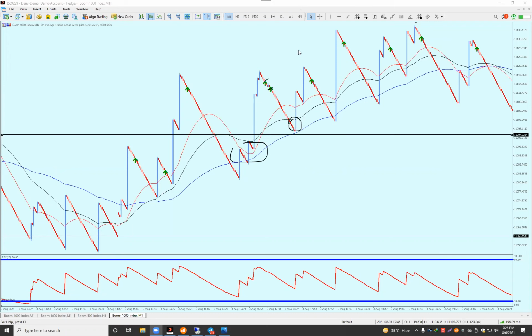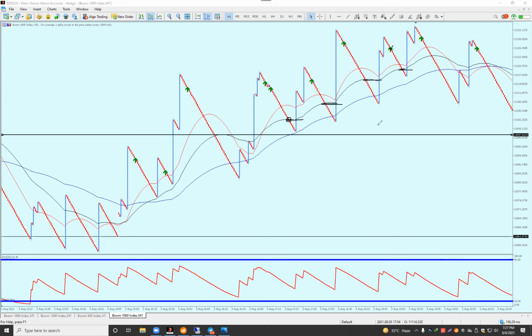When price crosses the 100, we can enter. Price crossing the 100, signal we got, we enter. So this spike is taking from the 100. That is better, right?